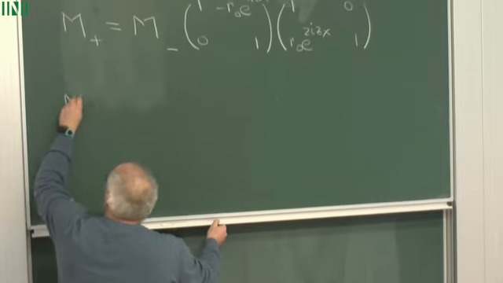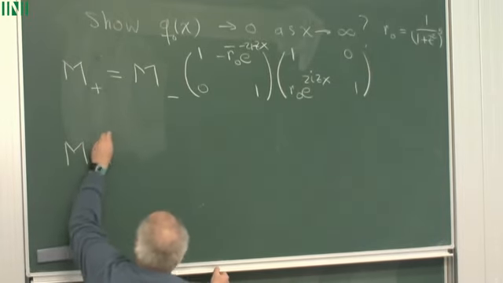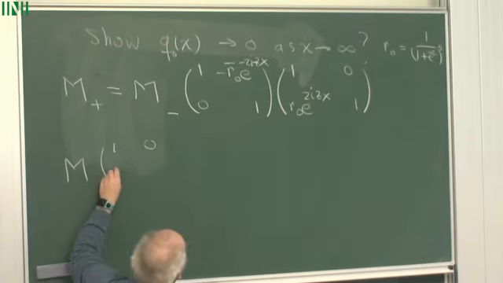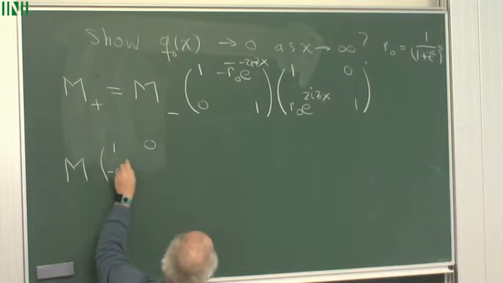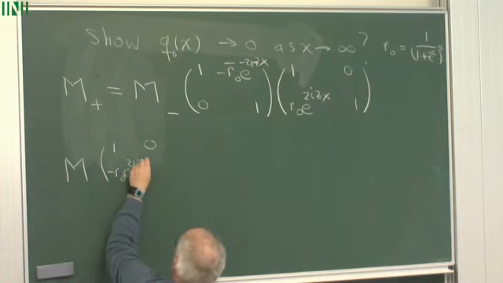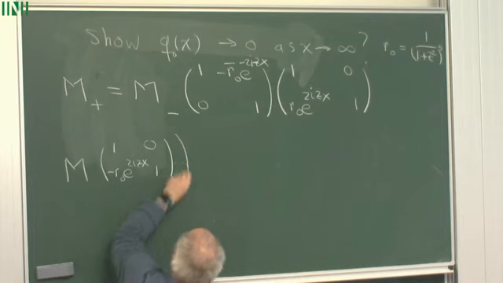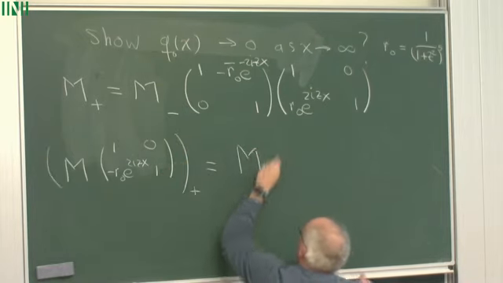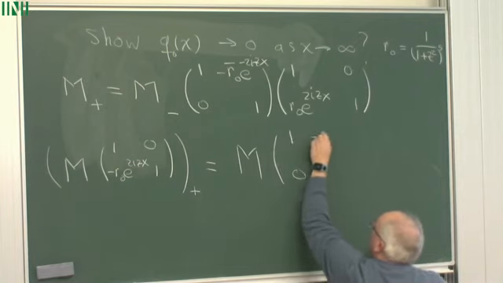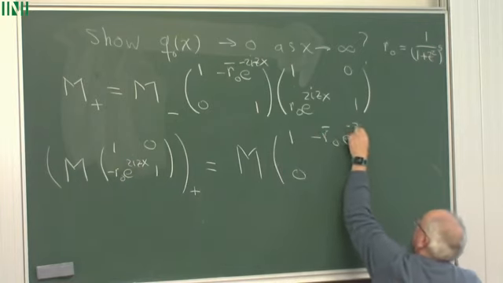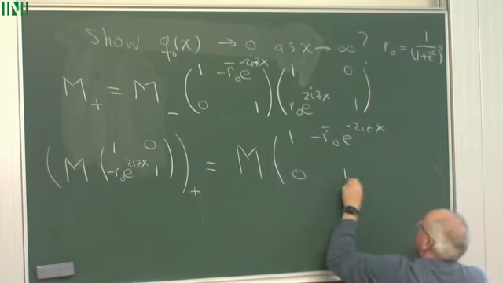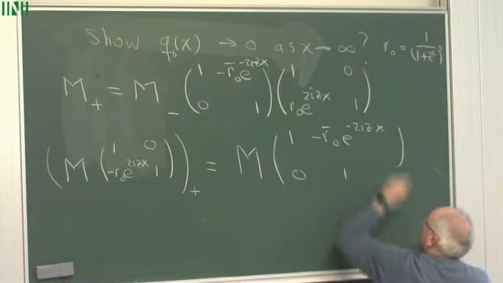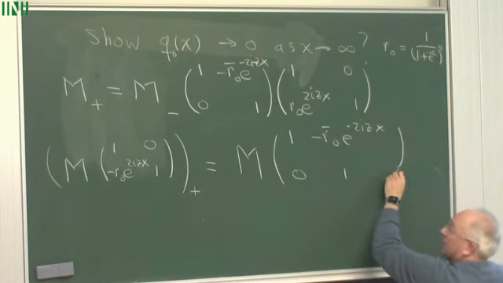So M times the matrix (1, 0; negative R0 e to the 2izx, 1), with the plus boundary value, equals M times the matrix (1, 0; negative R0 bar e to the negative 2izx, 1), with the minus boundary value over here.